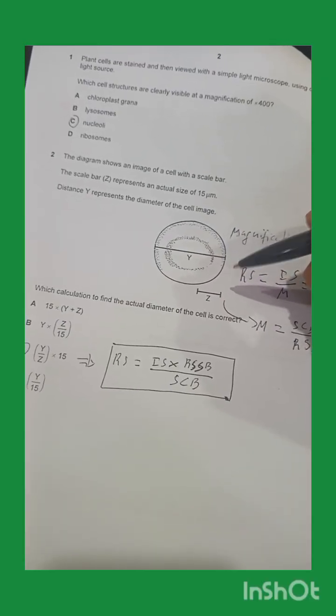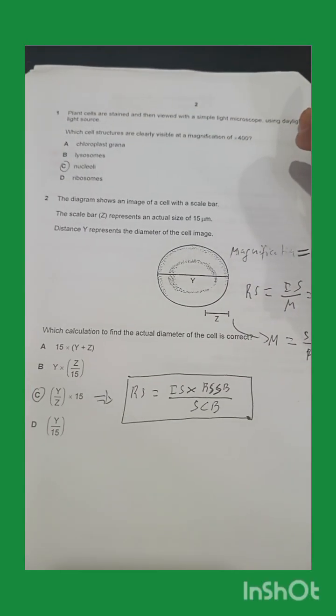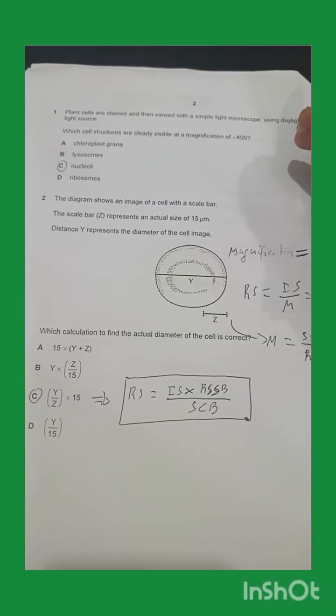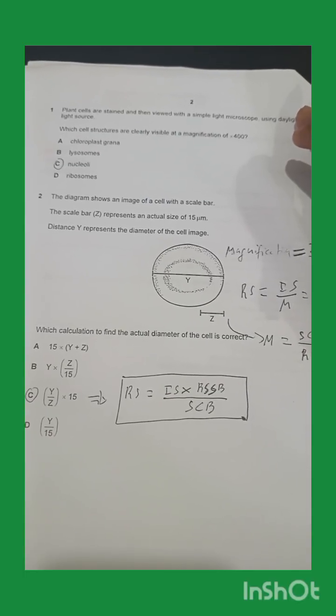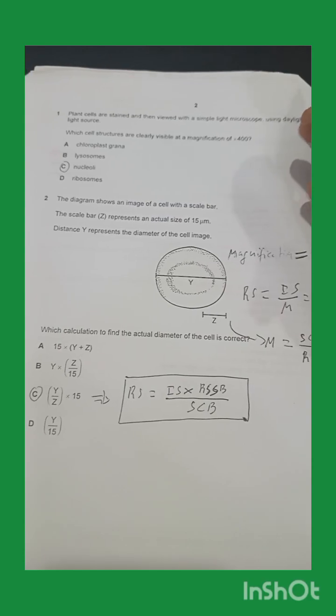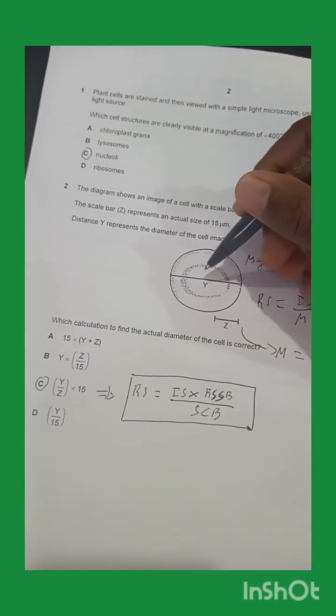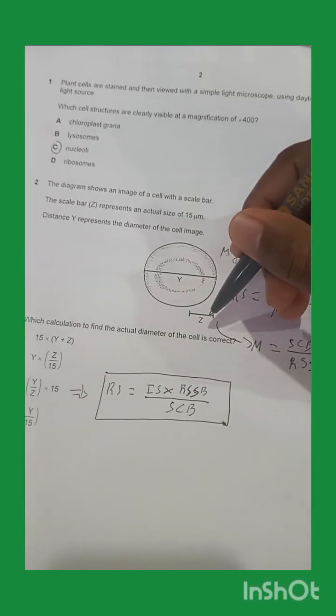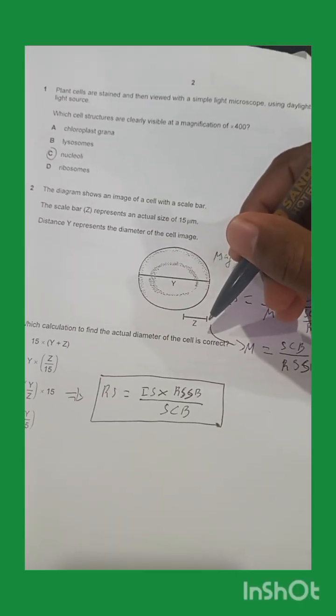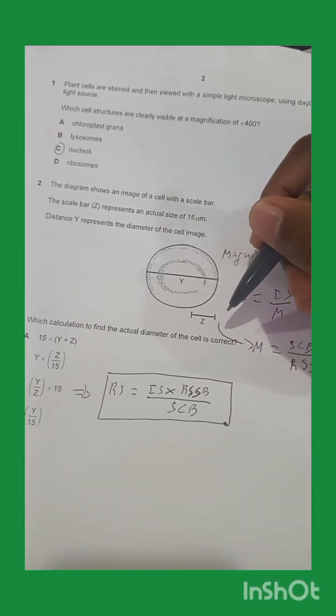It's a cell, right? Of course, this looks like a red blood cell. Y is the image size, and this is the scale bar, which is 15 micrometers real size.